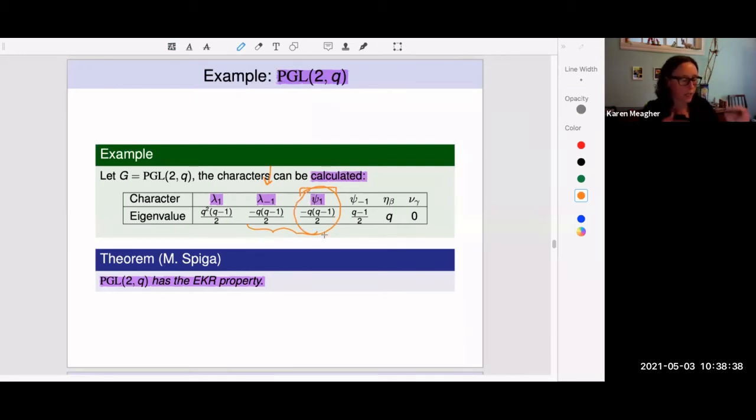This little guy, it's a character I can figure out. It's the character that comes from taking the trivial character on a subgroup, the trivial character on PSL, and inducing it up to PGL. So this is a character that takes one value on PSL and a different value on each conjugate. It's a character that's constant on the cosets of PSL.